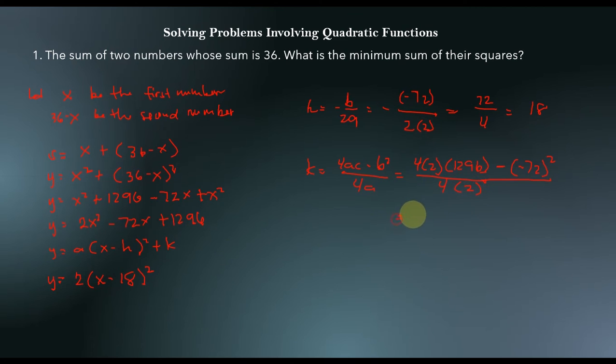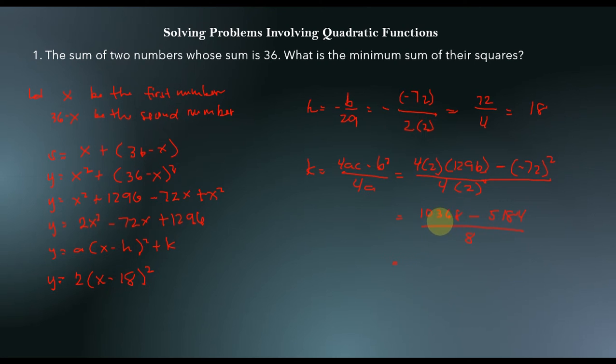Simplifying this, we'll get 4 times 2 times 1,296, that will give you 10,368, minus, and then squaring negative 72, you get 5,184, all over 8.